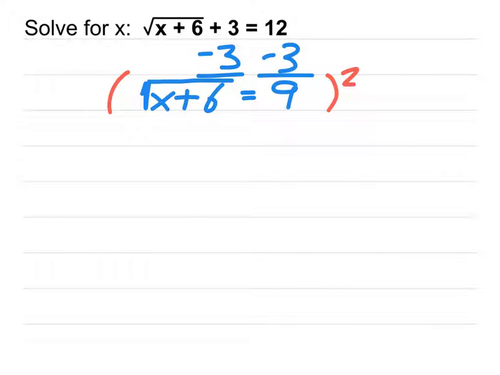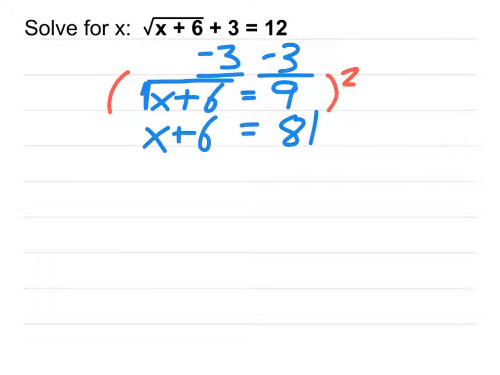It's just a way of showing I am squaring everything on both sides. All right, so the next line. The reason why I'm squaring it is because squaring a square root undoes it. Which means that if I square that square root of x plus 6, I am left with x plus 6. It made the square root disappear. And then on the right side, I'm also going to do the 9 squared. 9 squared gives me 81.